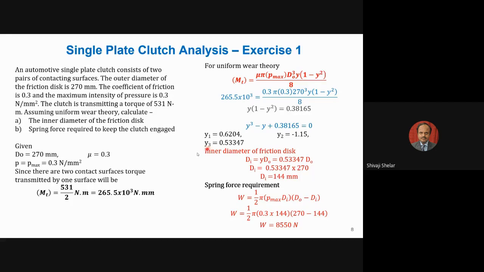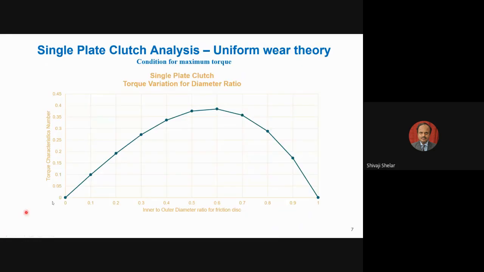But look at this diagram again. Here, one value is 0.53, another value is 0.62 somewhere here. So what will happen if your inside radius wears out, your inside radius part is wearing out when you are operating, and the radius increases?